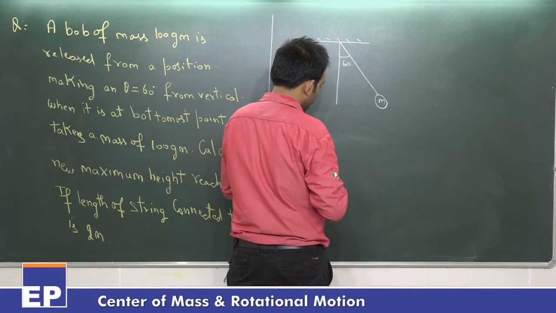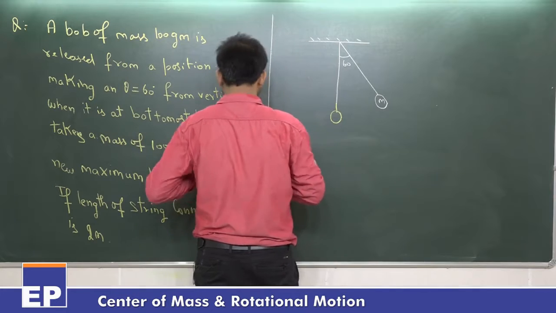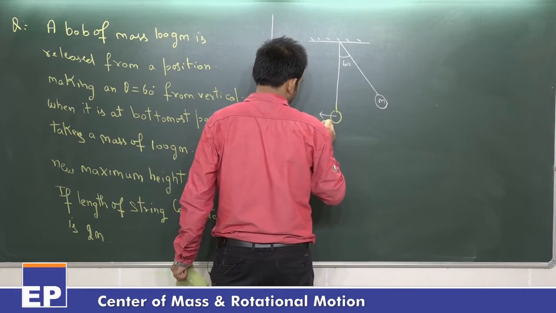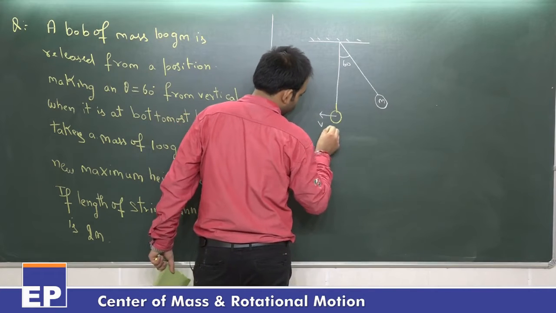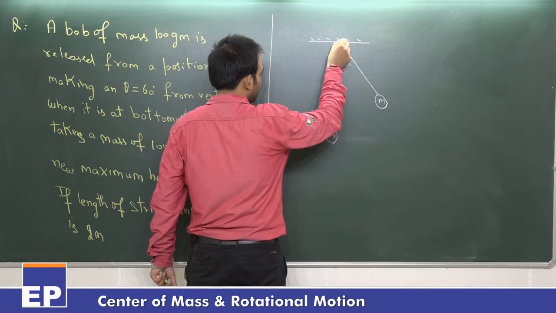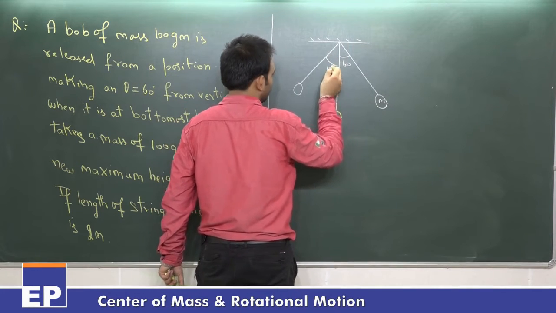Initially the mass is m. When it reaches this position it has some velocity v, and it collides with the other mass m and reaches some other position, that is theta. We have to calculate this.